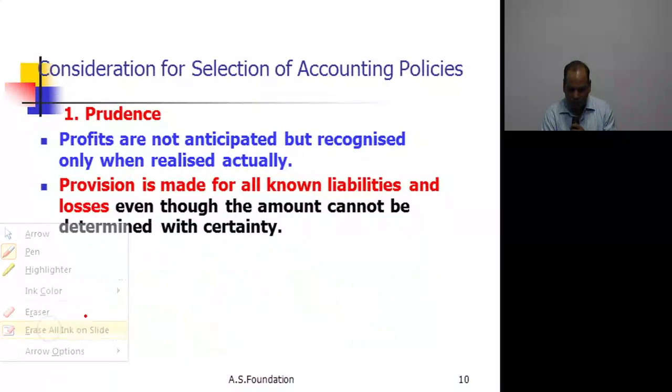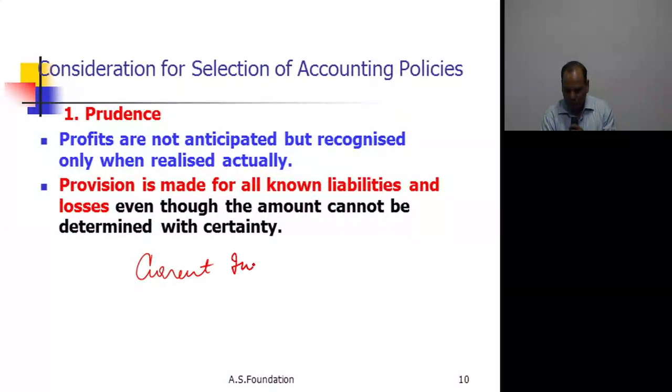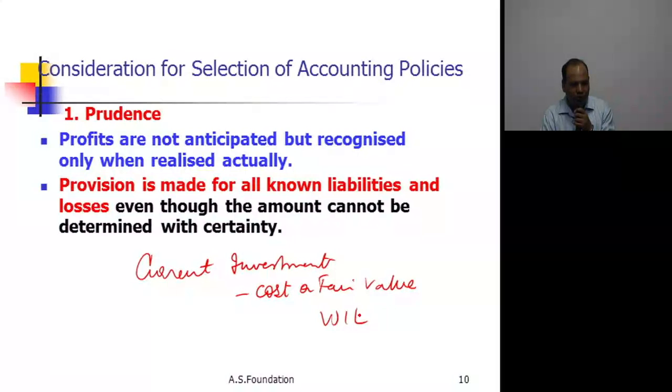Okay. Current investment. Current investment is valued at cost or fair value, whichever is lower. So if the fair value of the current investment goes down, we recognize the loss even before selling the investment. Okay.